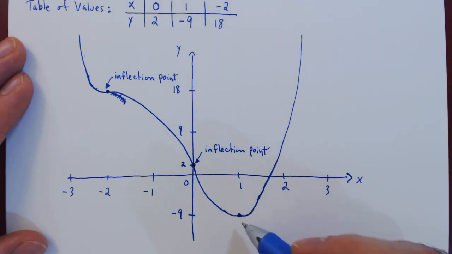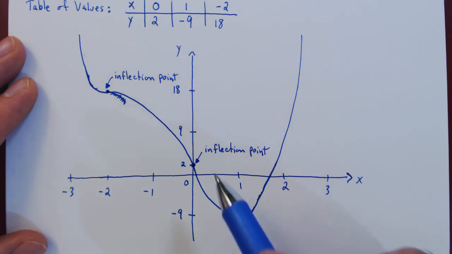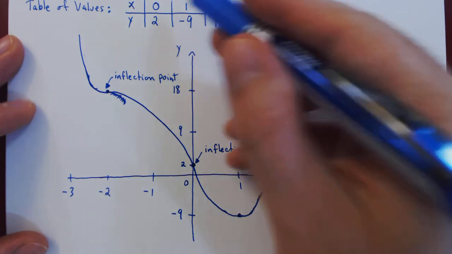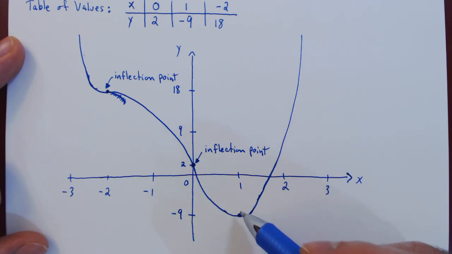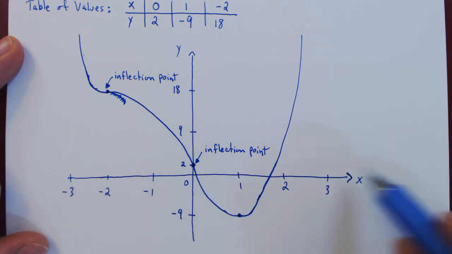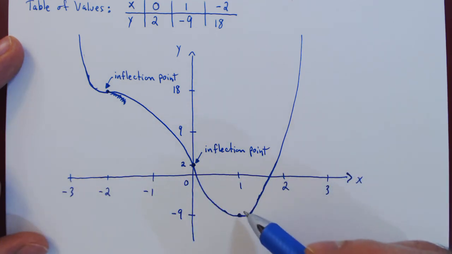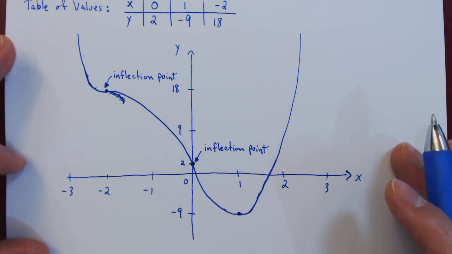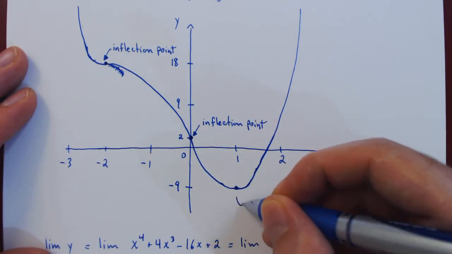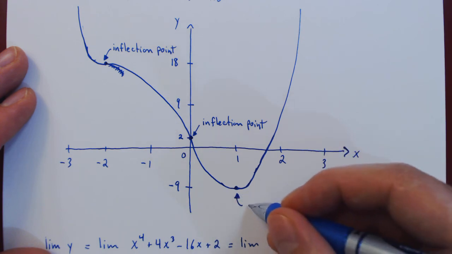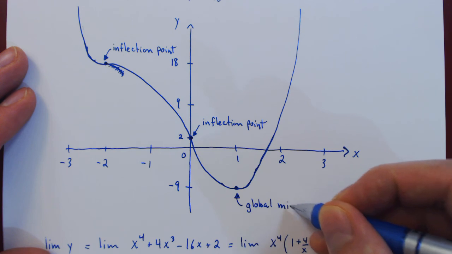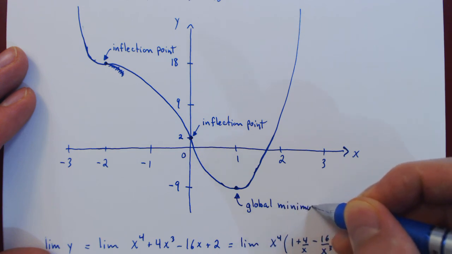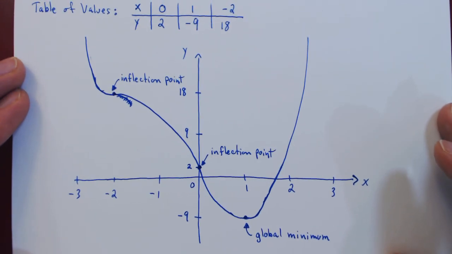And x equals 1 was a local minimum, but notice something interesting. If you look at the full sketch of the function, x equals 1 is not only a local minimum, it is a global minimum. At no other point on the x-axis does the function attain a smaller y value than negative 9. So x equals 1 deserves the term global minimum. And that's it.